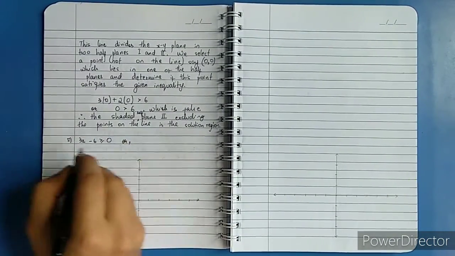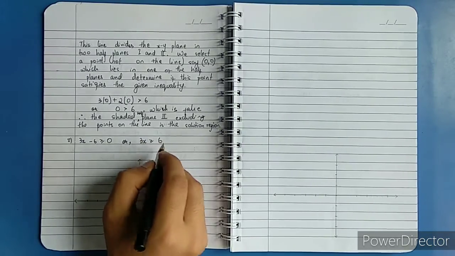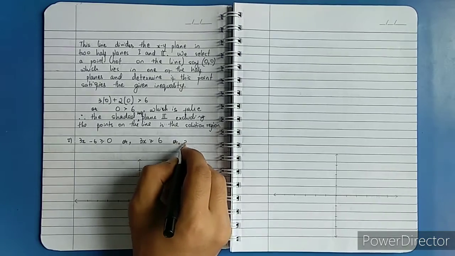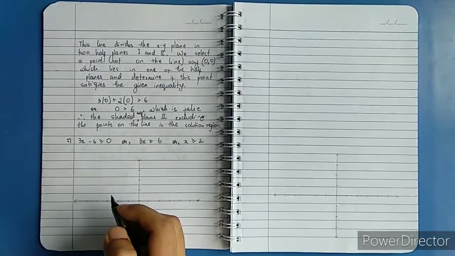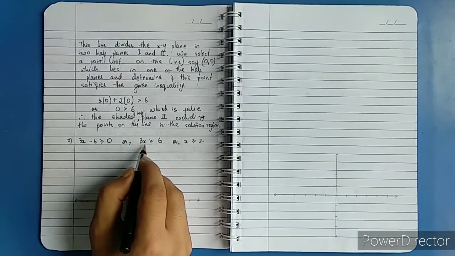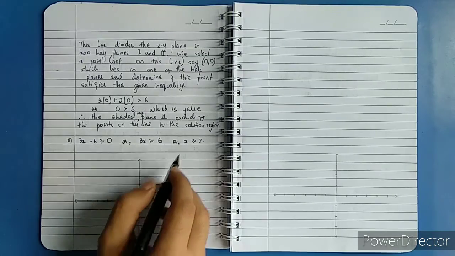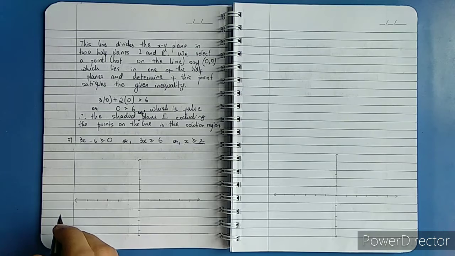From here we can say that 3x is greater than equal to 6. We add 6 to both the sides. Or x is greater than equal to 2. We are dividing 3 on both the sides. Since we are dividing by a positive number, the inequality will not change. So our inequality becomes x is greater than equal to 2.